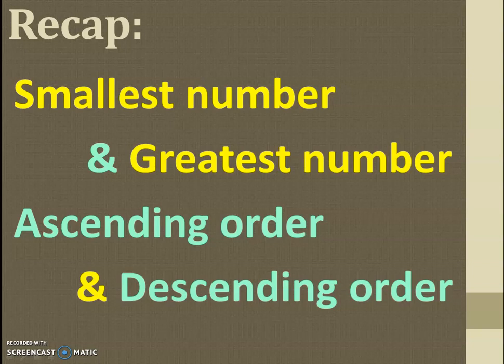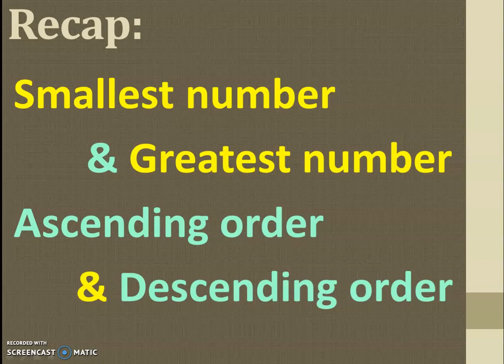What is this ascending and descending order? Ascending order is from smallest to biggest, and descending order is from biggest to smallest. That is, ascending order is nothing but increasing order. We say increasing order, no? The same you use ascending order. And decreasing order is descending order.